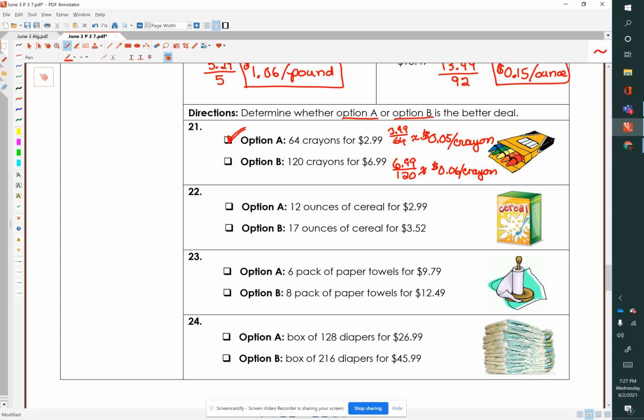All right, number 22, option A, 12 ounces of cereal for $2.99 or 17 ounces of cereal for $3.52. So 2.99 divided by 12 is approximately 25 cents per ounce.